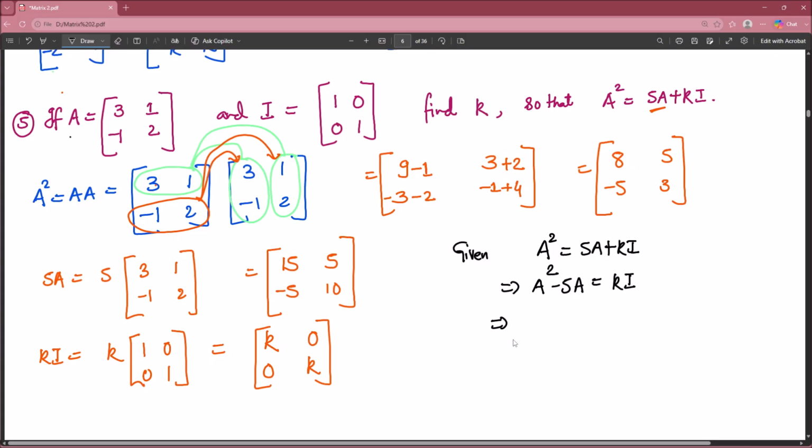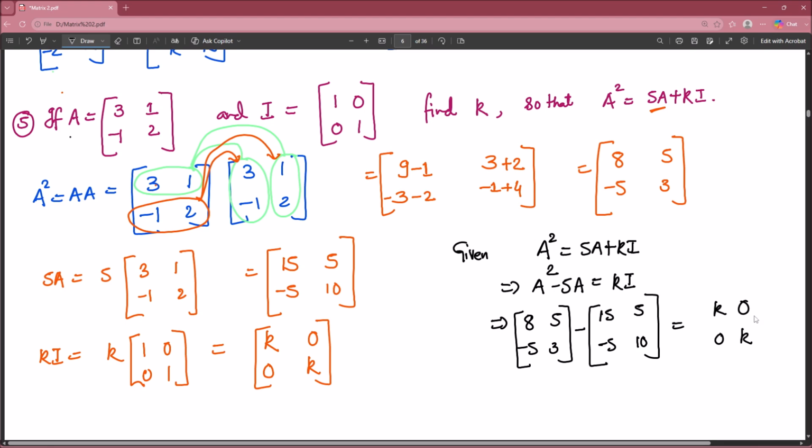Now the value of A square is equal to 8, 5, minus 5, 3. The value of 5A is equal to 15, 5, minus 5, 10, and the value of kI is equal to k, 0, 0, k. We have to just solve this problem.